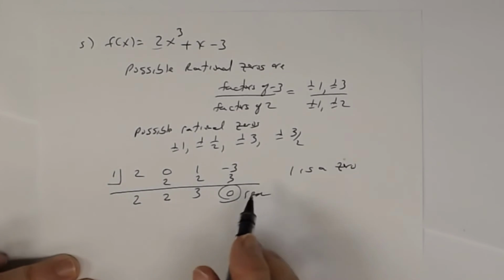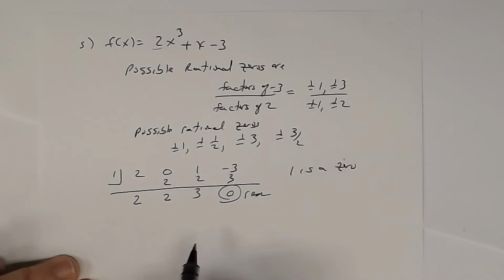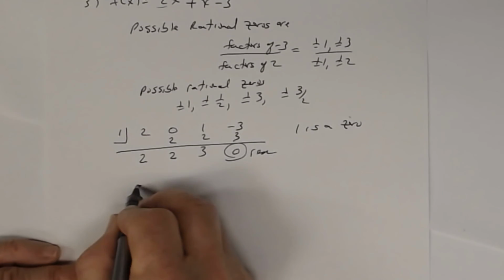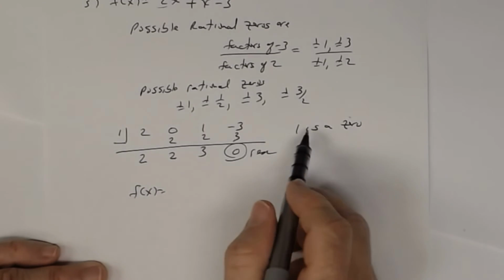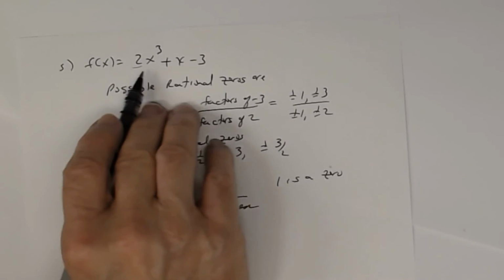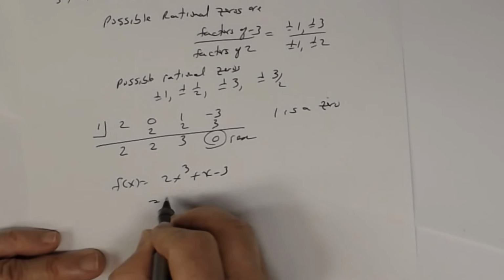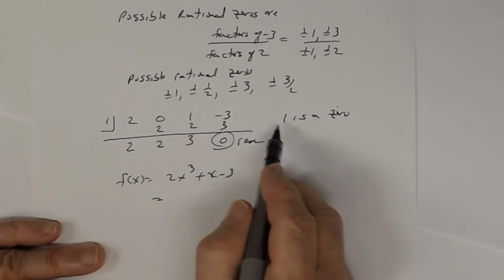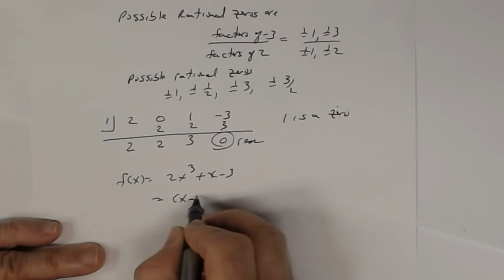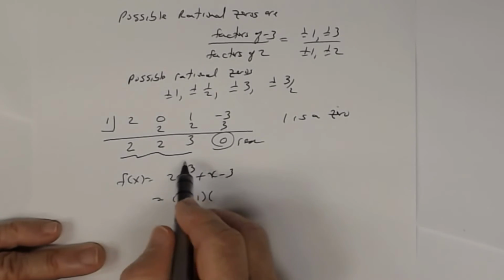Once you get that zero, we're going to go ahead and factor this, and then the rest is easy. So f of x is 2x cubed plus x minus 3. Knowing 1 is a zero, that means x minus 1 is a factor, and then here's your quotient.